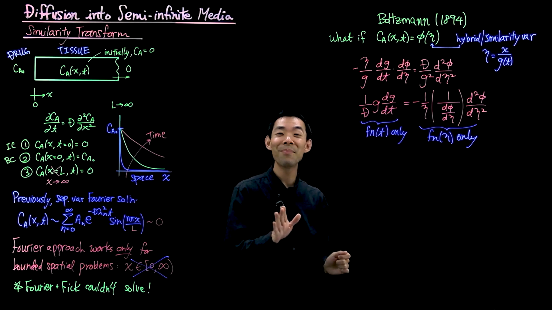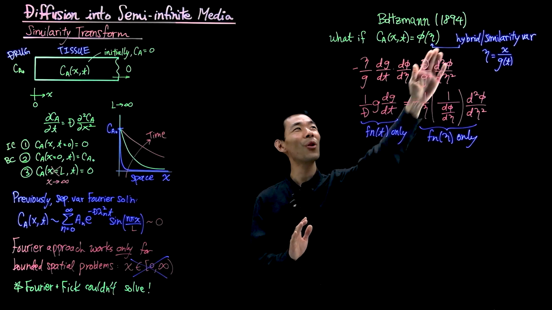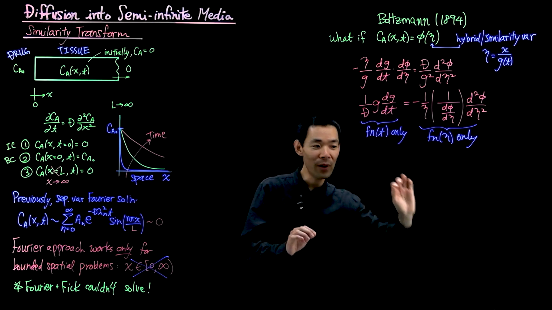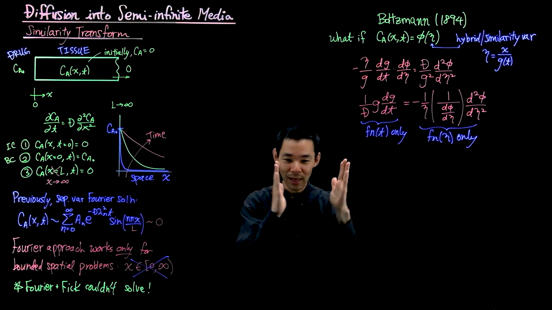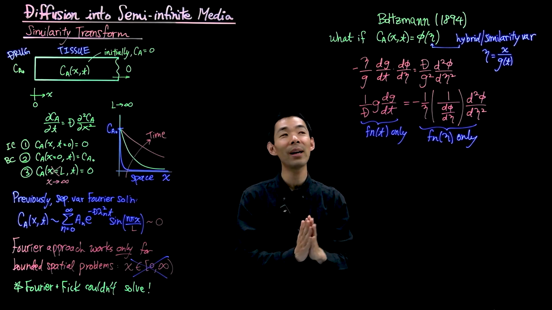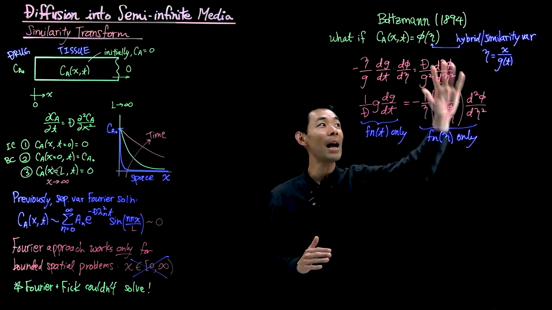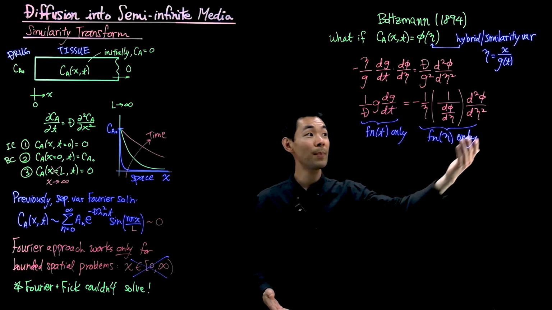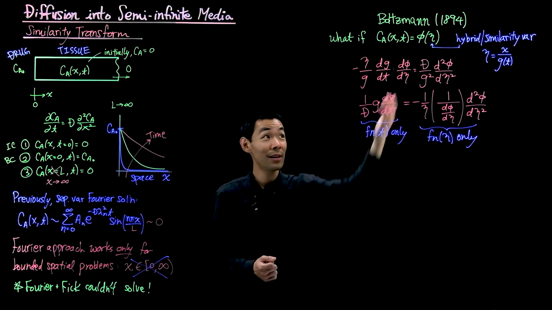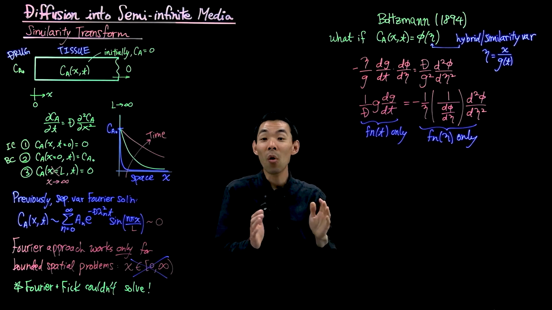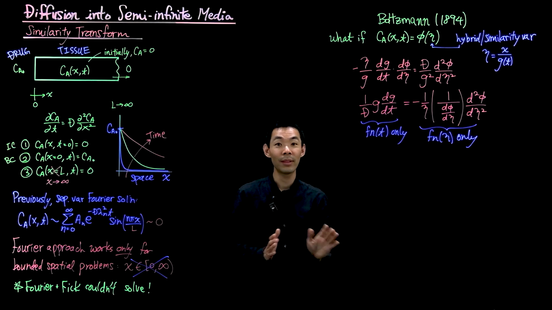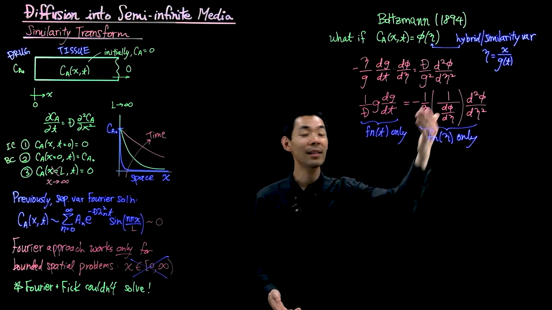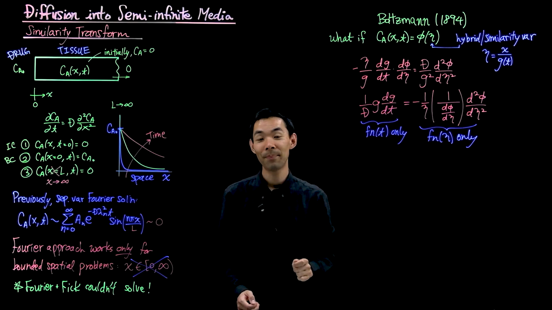That's true, but if Boltzmann is really correct that you can write this whole concentration profile not as a separate function of position and time, but only as a function of a single independent variable eta, which is a collapsed version of space and time, then from the perspective of phi, which is the function that eventually becomes our solution, it only is a function of eta. It doesn't know that it's a function of space and time separately. All it knows is that it is only a function of eta.